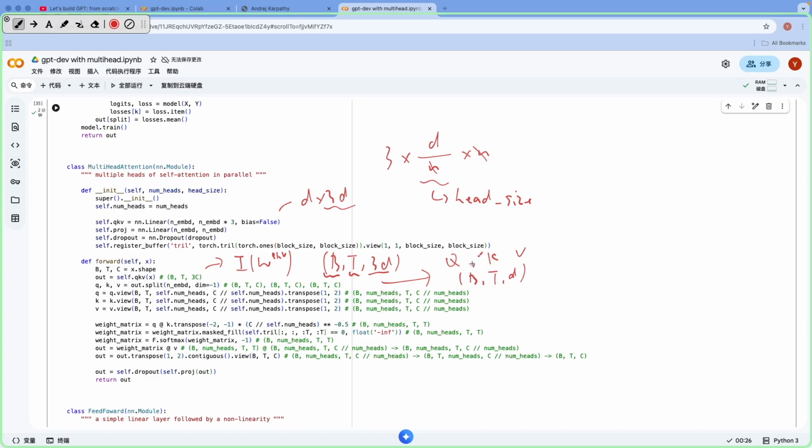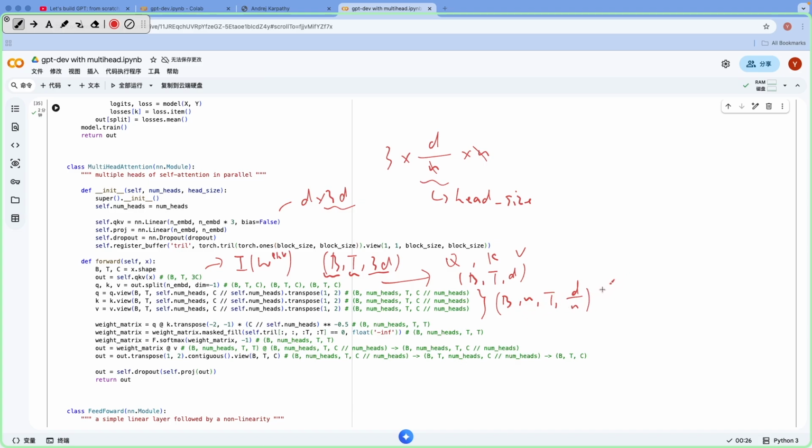What's the next step? We need to split each Q, each K, each V into small pieces, into the n different heads. So we end up with B by N by T by d divided by N, which is the head size matrix.